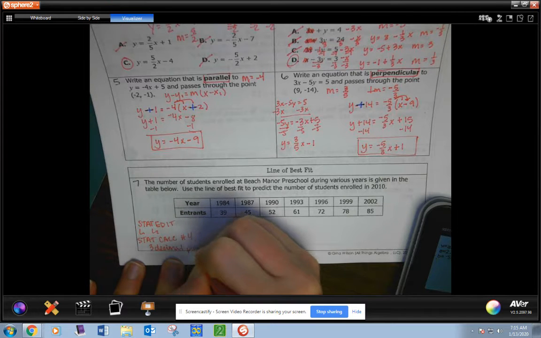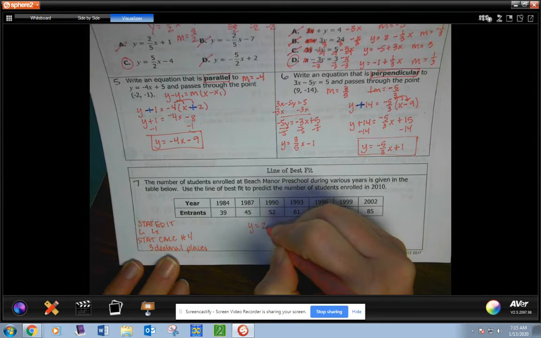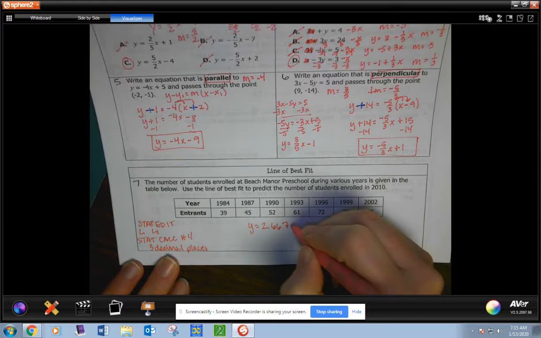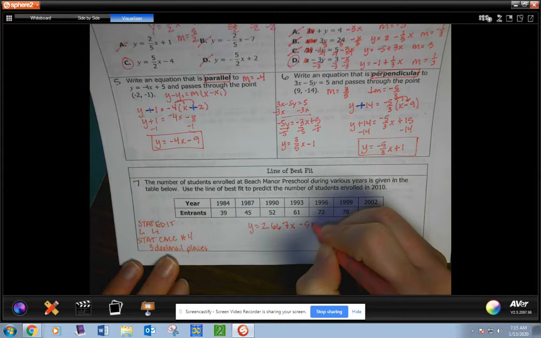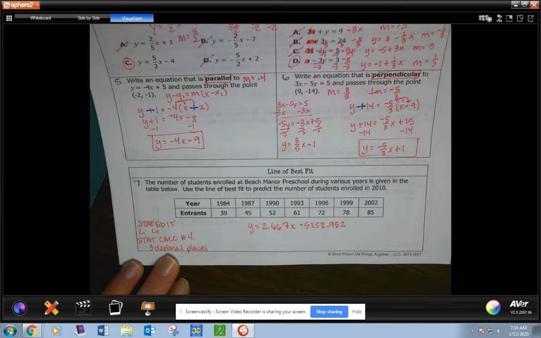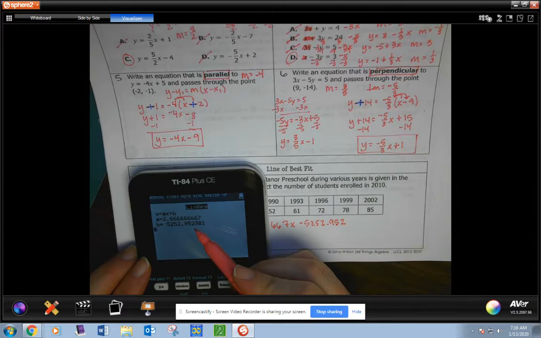And then I want 3 decimal places. So this is going to be y equals 2.667 x minus 5252.952. So the fourth 6 makes the third 6 go to a 7, and then the 3 doesn't change the 2 in that decimal.